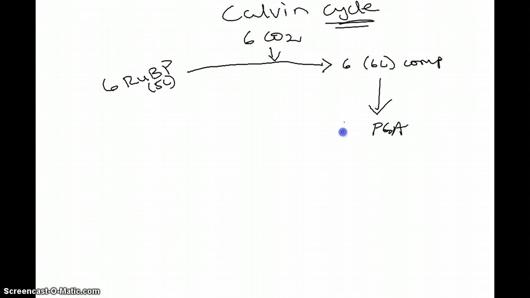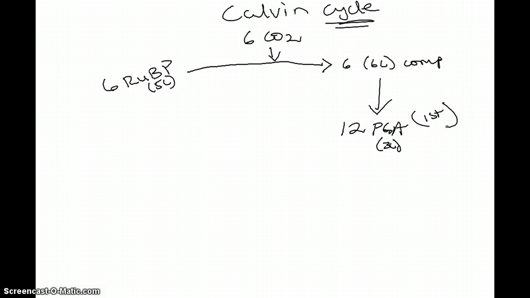So 12 PGA are formed, which is a 3-carbon compound, and PGA is the first stable compound in the Calvin cycle, or the light-independent reaction. So first, we'll just make a first right there.